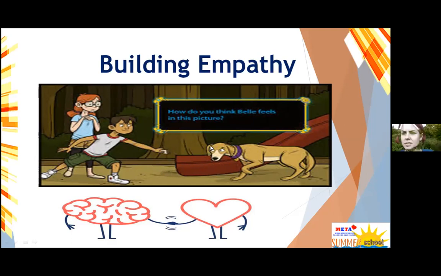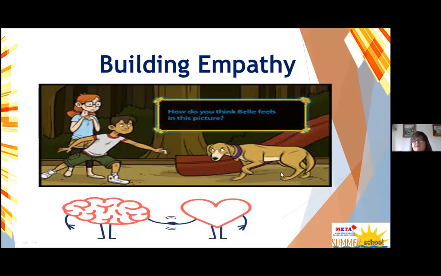I think he's trying to become friends. Okay, that's right. To win the dog's trust or whatever. Yes. What else? The boy is trying to tame the dog. Okay, to chain the dog.